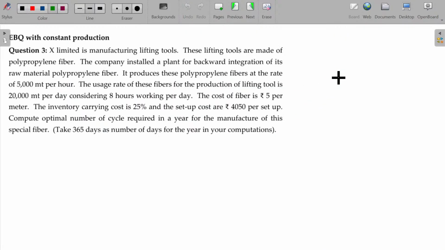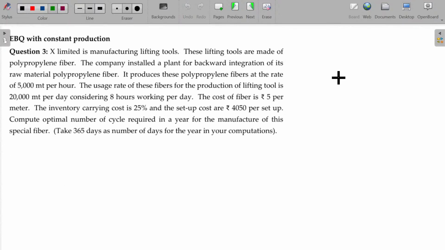In this case, the formula is pretty different. You see the formula here in case of EBQ with constant production. Always remember, production is faster than the consumption.